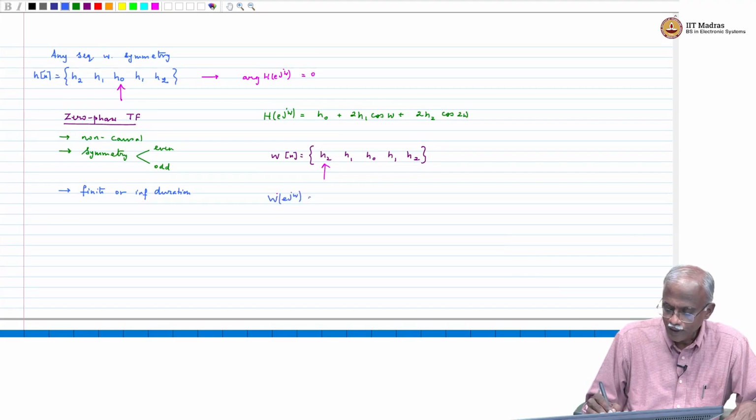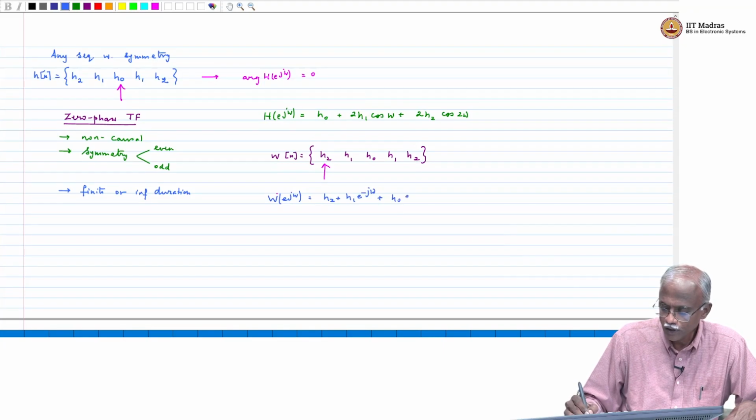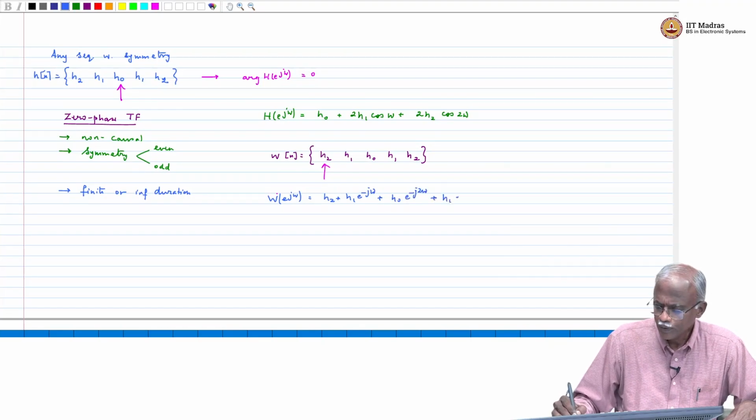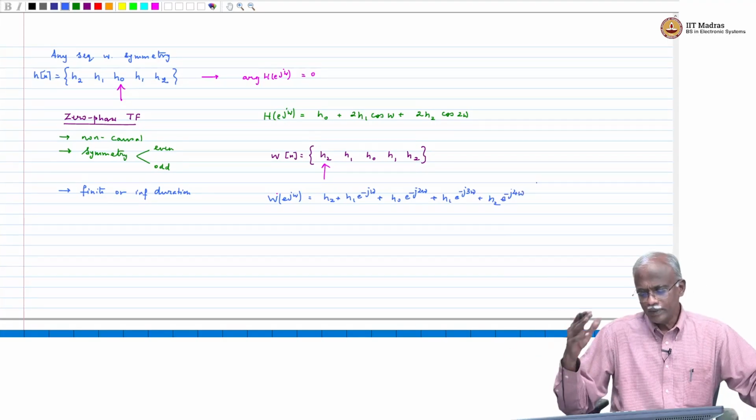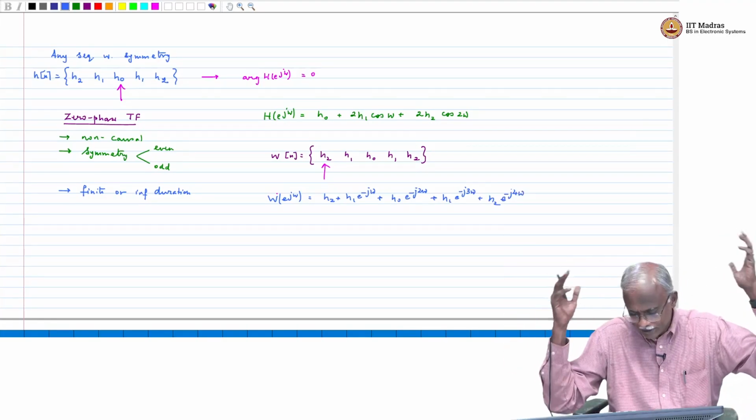We of j omega will be H2 plus H1 e power minus j omega plus H0 e power minus j2 omega plus H1 e power minus j3 omega plus H2 e power minus j4 omega. Okay, it looks like the symmetry, the zero phase property, just got lost.